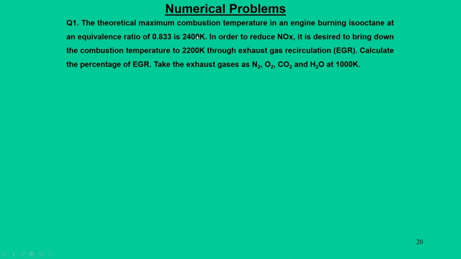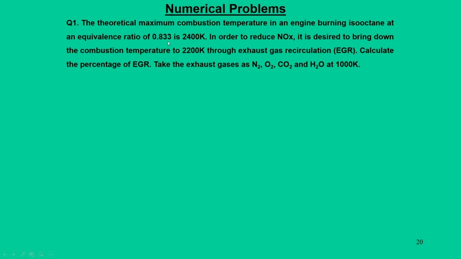So, it is to be reduced by lowering the temperature to 2200 Kelvin. What we do is, instead of sending the exhaust gas directly to the atmosphere, we recirculate it into the engine. So, we call this exhaust gas recirculation. Now, the question is how to find the percentage of EGR we should advise.